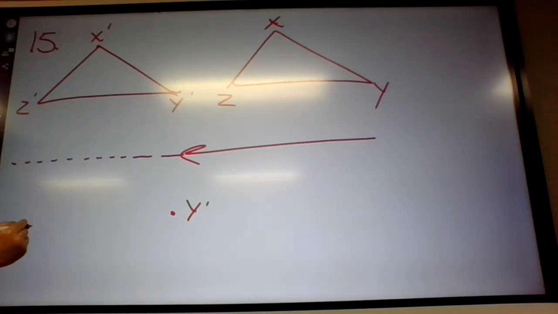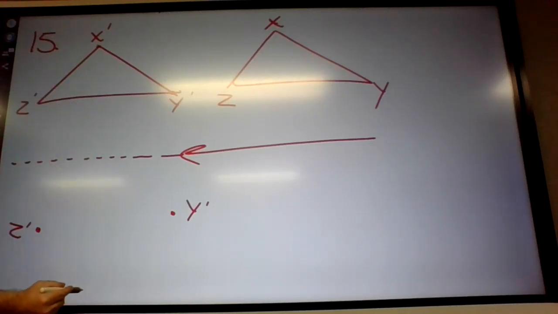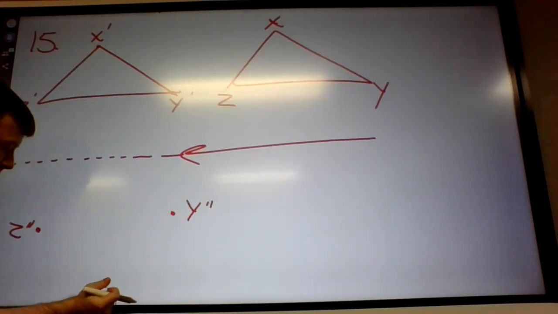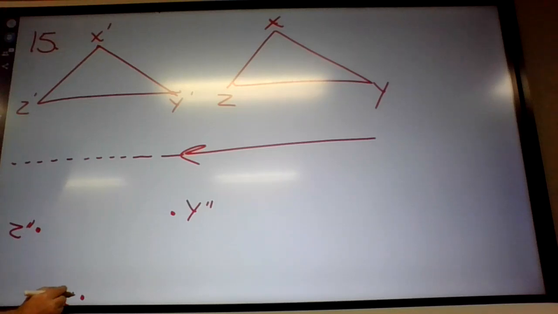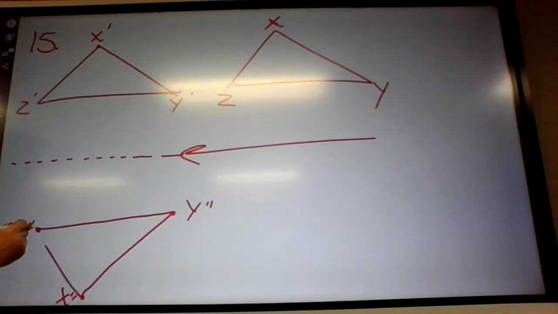Z is about the same. X is farther away. Oh, this would be like double prime because that's our third image. X''. Not too bad.